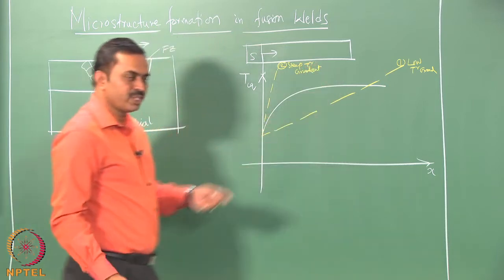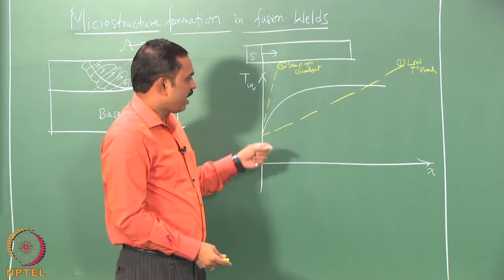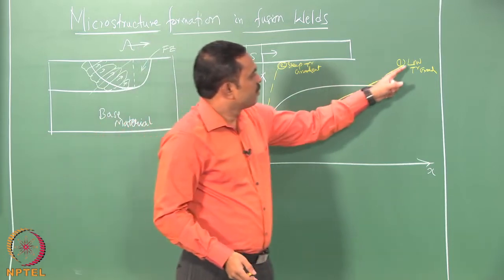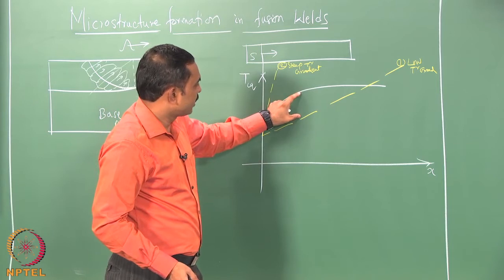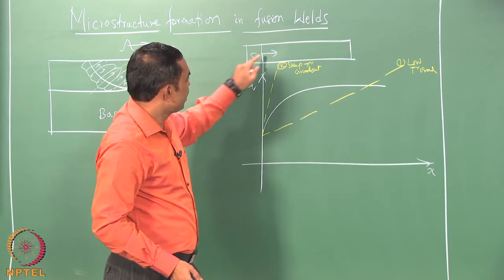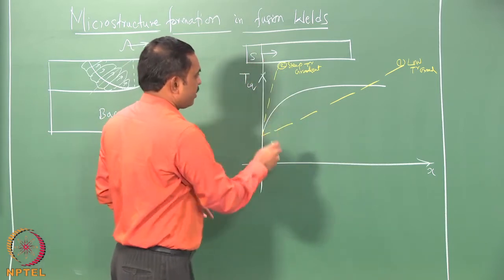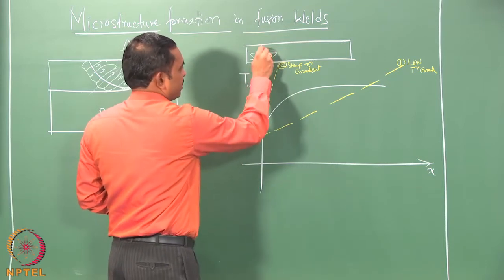In both these situations, we said that for the first case of low temperature gradient we would have what is called solute undercooling, because of which the planar front would be growing with a broken interface where perturbations are stable.